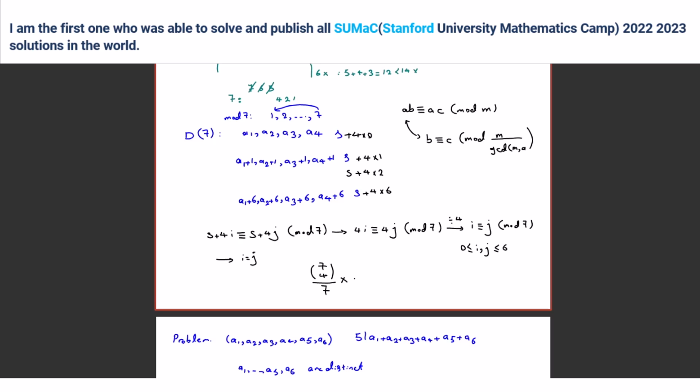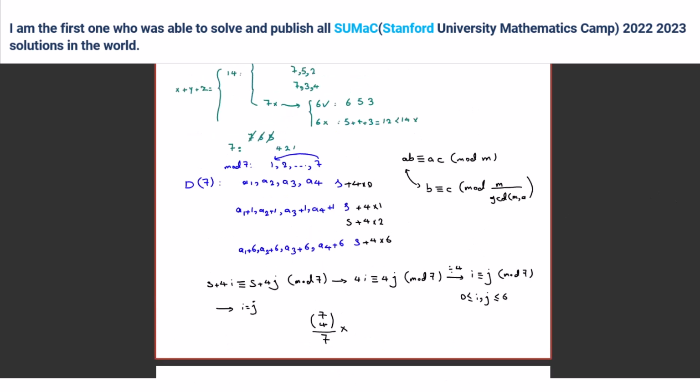And we get 7 choose 4 subsets, and we should divide it by 7 to find the number of good subsets, exactly like the previous one. Now we want to find quadruples, so we should calculate the arrangements, right? Each subset has how many arrangements, how many permutations? 4 factorial.